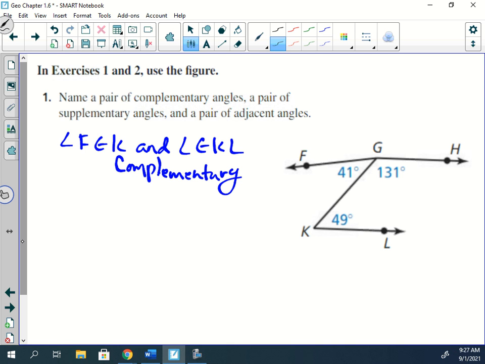So what would be our supplementary angles? What's G? That is our supplementary. And we also need our adjacent angles.